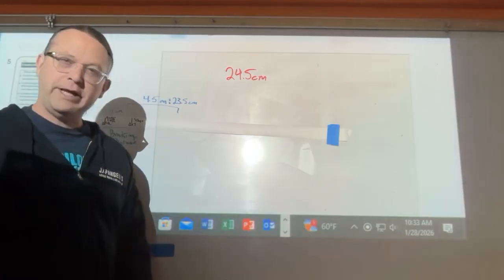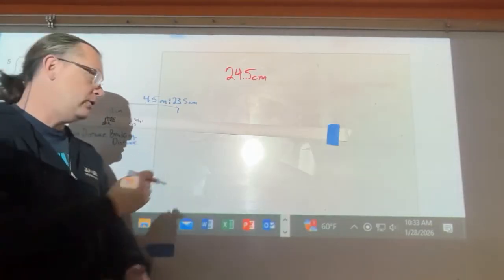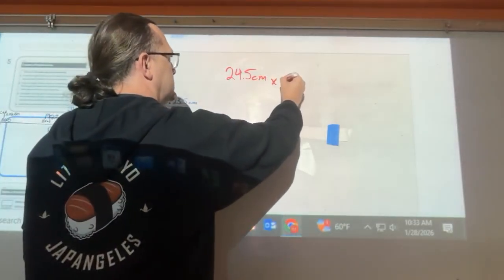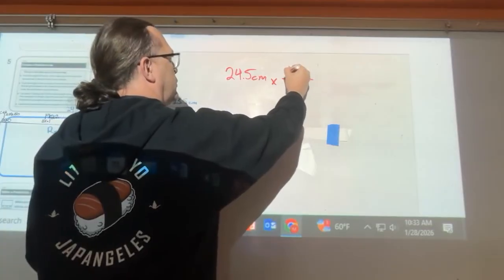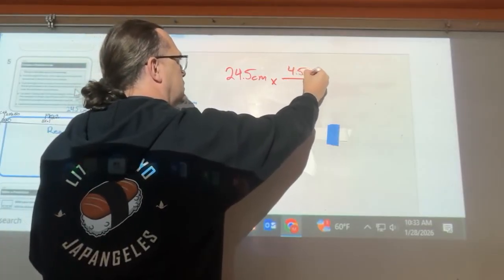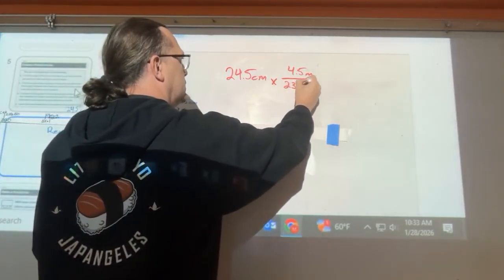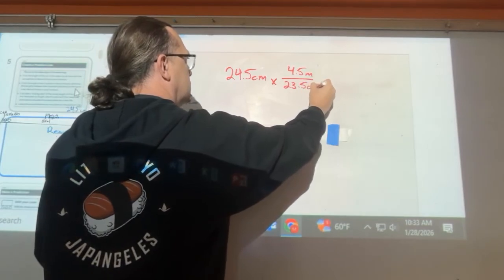Let's multiply that by our scaling ratio determined by the length of the car, times 4.5 meters for every 23.5 centimeters.